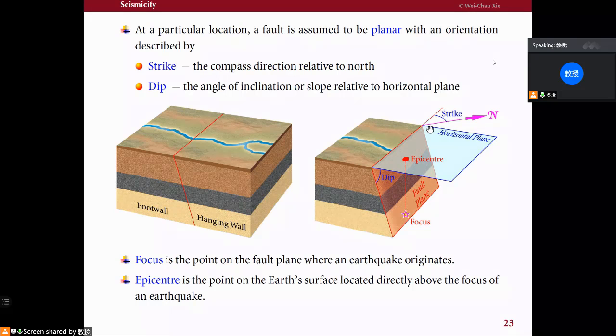A fault is modeled as a plane. It has a dip, which is this angle, and the other direction is relative to the north. The strike gives us this direction, and the dip is this slope.